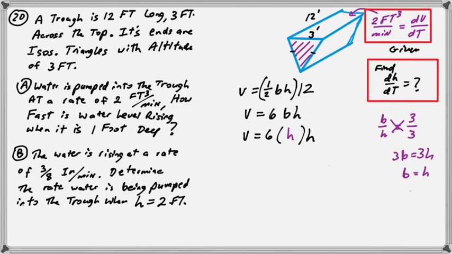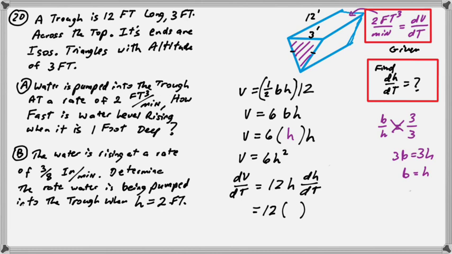What does that make the volume now? I believe volume is 6h squared. So dV/dt would be 6 times 2, which is 12h dH/dt. I hope I can start skipping some of the steps. How fast is the water level rising?